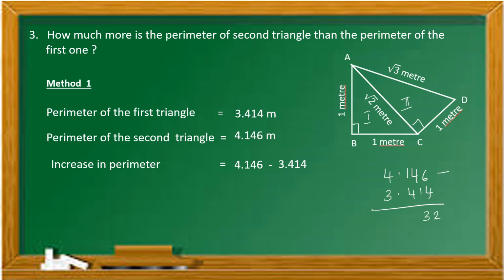Here we cannot subtract 4 from 1. So we take 1 from here, it becomes 11. It becomes 3. 11 minus 4 is 7. So we get 0.732, isn't it? So the answer is 0.732 meter. So the increase in perimeter is 0.732 meter.